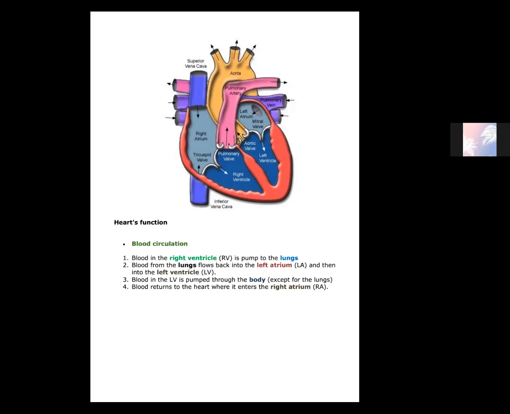Then the left ventricle pumps this oxygenated blood throughout the body other than the lungs. Then the deoxygenated blood, after oxygen is utilized in cellular respiration, returns to the right atrium through the superior and inferior vena cava.